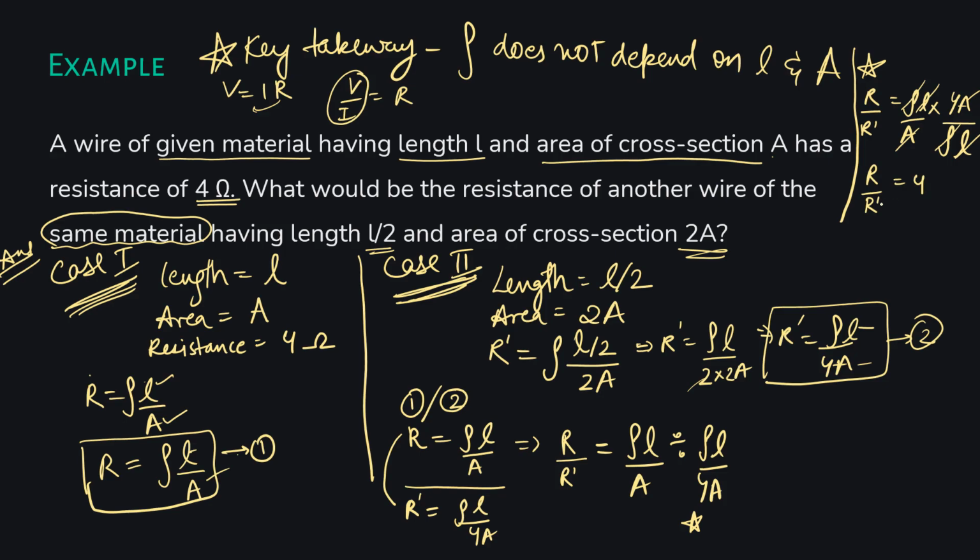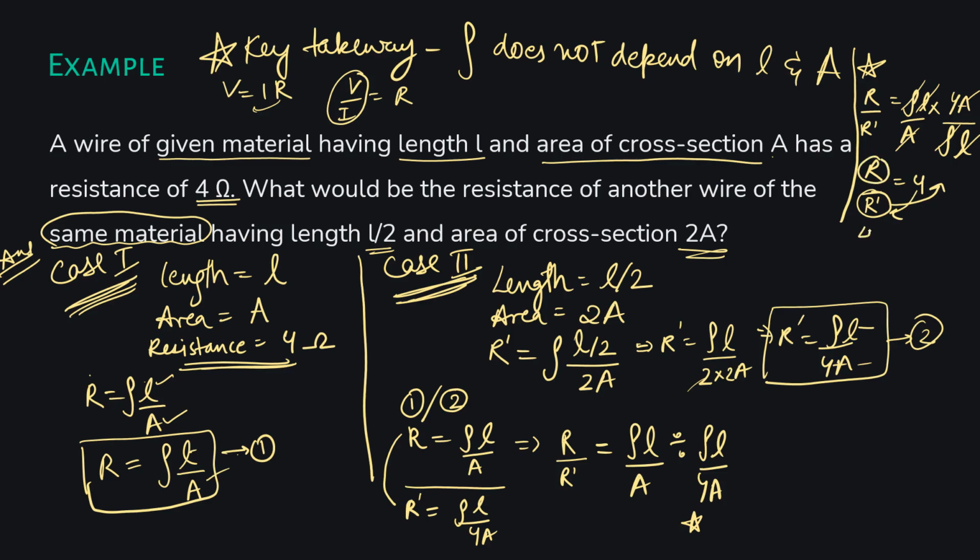Right? Now, do I know the value of R? Do I know the resistance here? Look at this. The resistance in case 1 is given as 4. So I take this R dash, which is what I want to find, to the RHS and I take this 4 to the LHS, and I write down the value of R that I know.